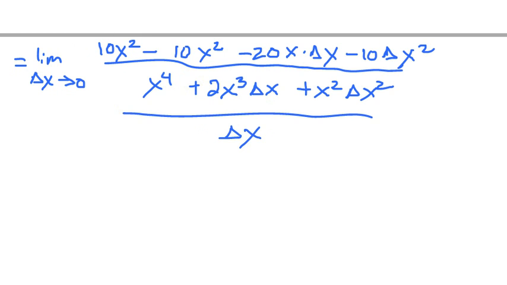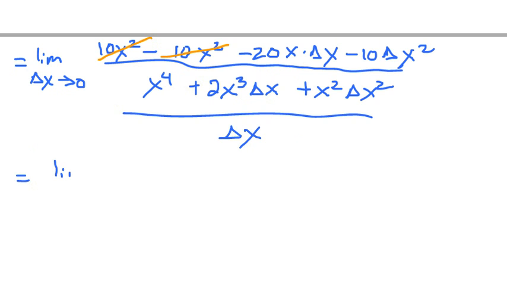Let's go ahead and cancel out some terms here. We know that the 10x squareds will cancel out here, and we're not left with much of anything on the top. Now this can actually be rewritten. We're going to take this and drop it down into the bottom.